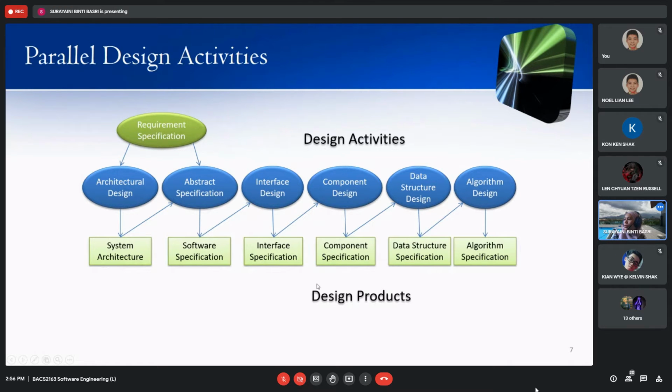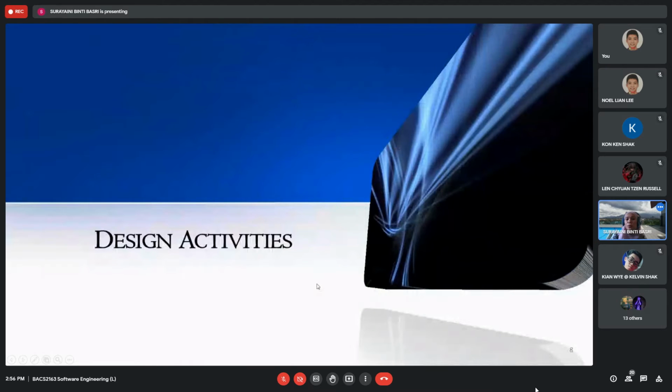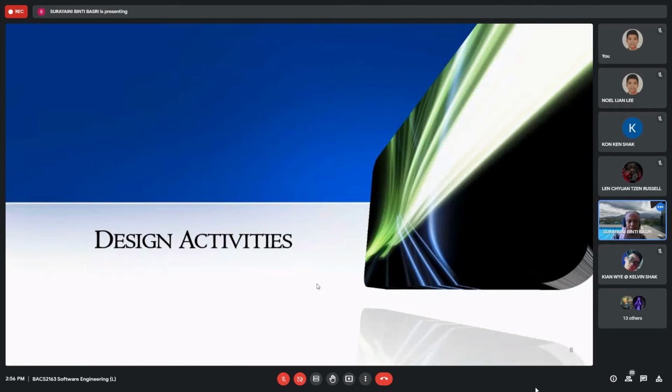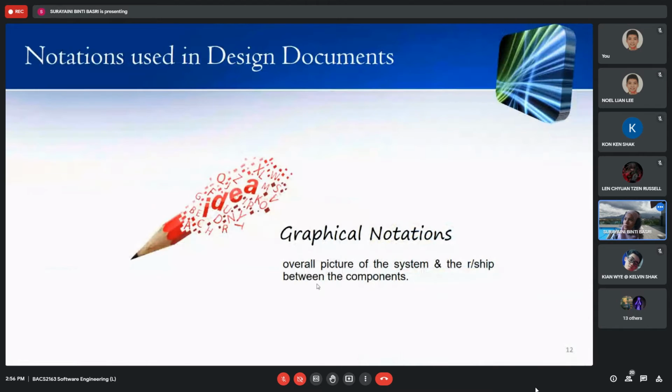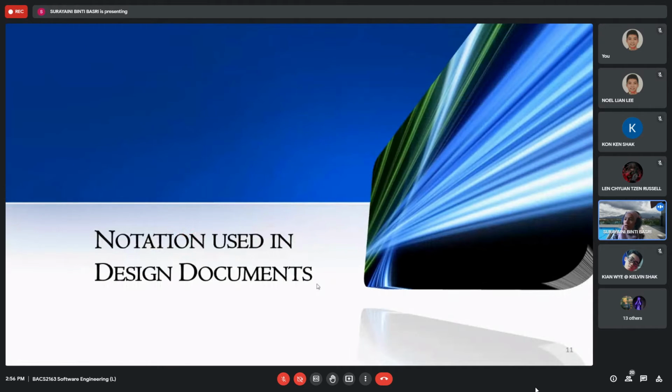Okay, so we proceed to the design activity. In the design activity, we will need to use some notation to design our system. We cannot rely only on text. Imagine you are describing or designing a terrace house, a double story house, using text.